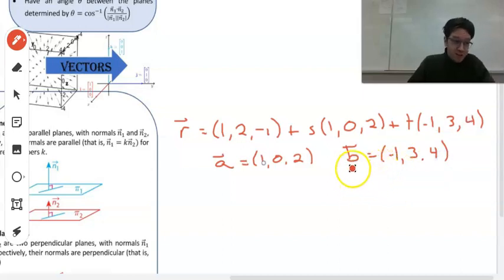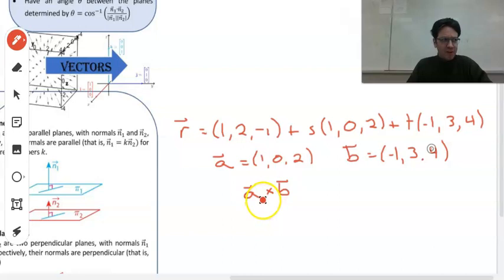So what you could do is you can first find their cross product. Why? Because I want to know a vector that's perpendicular to this plane. Why would I want to know a vector perpendicular to the plane? Remember, the coefficients in standard form A, B, C is a vector perpendicular to the plane. So we can do the cross product, which we've learned before.